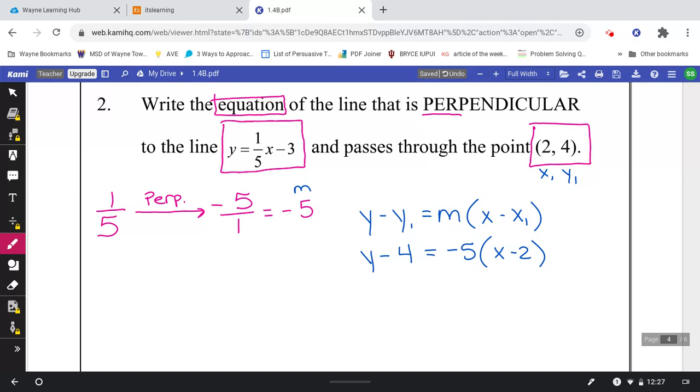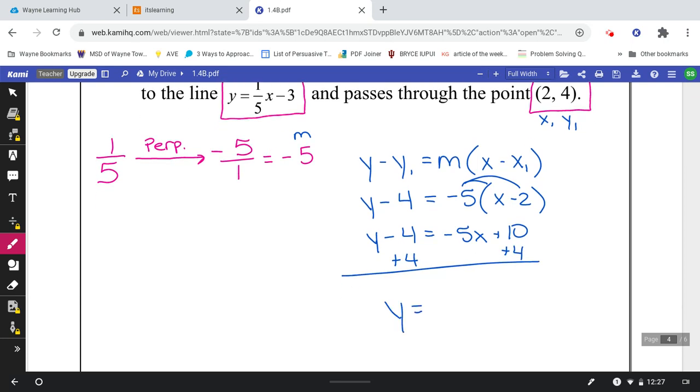I'll give you a moment to distribute and solve for y. You should have y minus 4 equals negative 5x plus 10. And then add 4 to both sides, resulting in a final answer of y equals negative 5x plus 14.